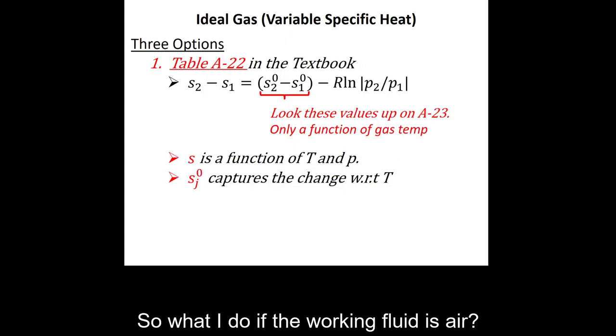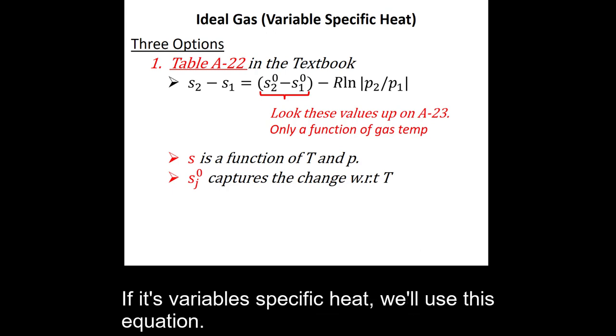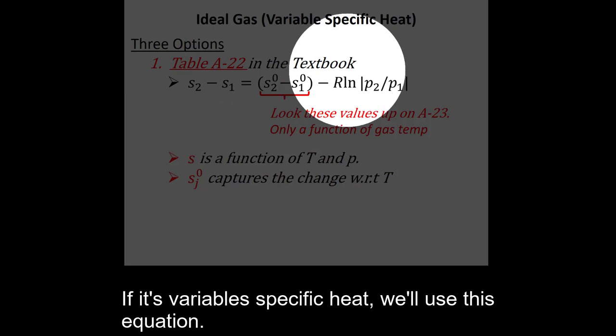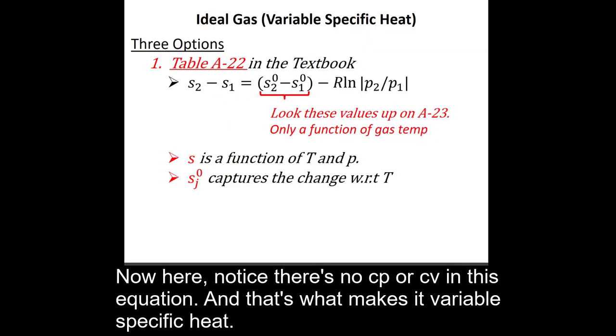So what do we do if the working fluid is air? Again, we'll have a choice between variable specific heat and constant specific heat. If it's variable specific heat, we'll use this equation. Now here, notice there's no Cp or Cv in this equation, and that's what makes it variable specific heat.